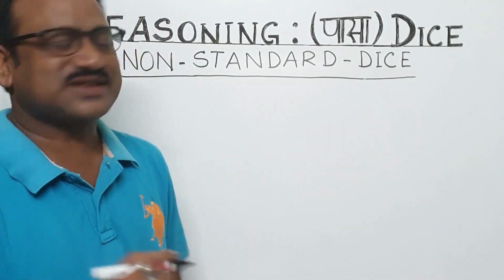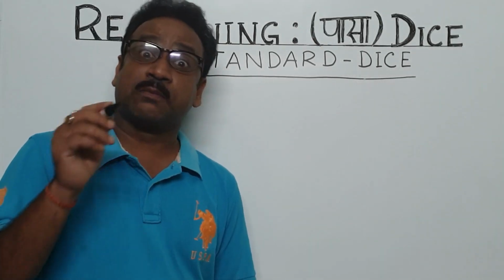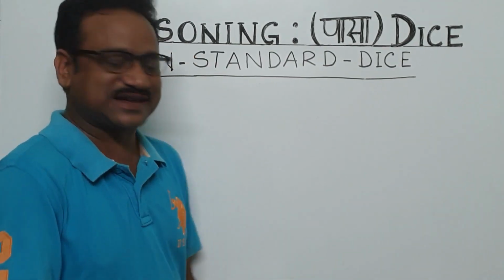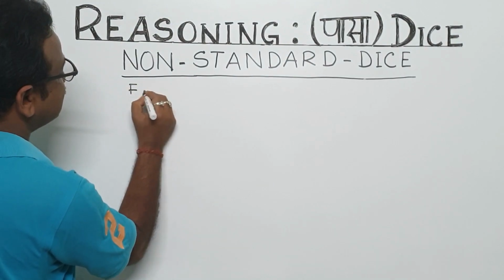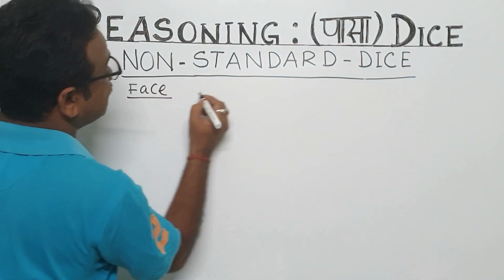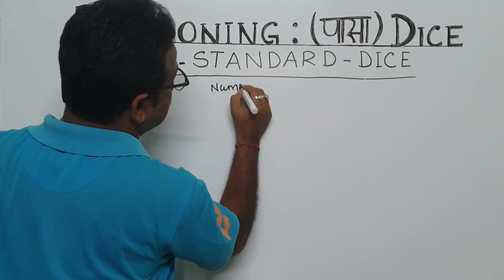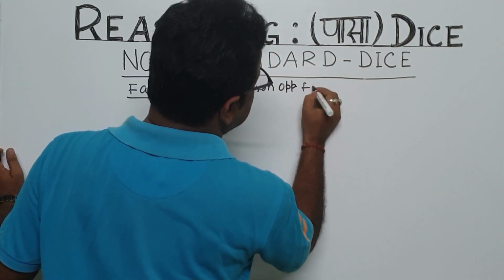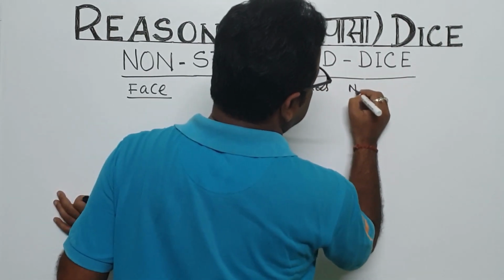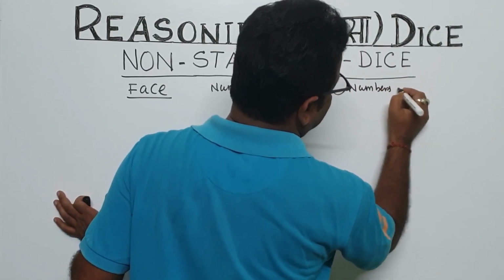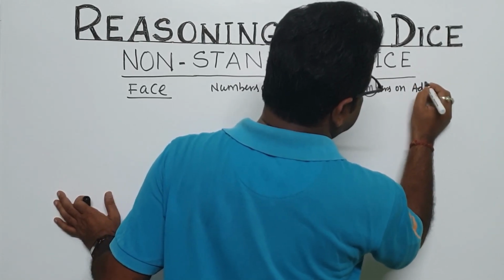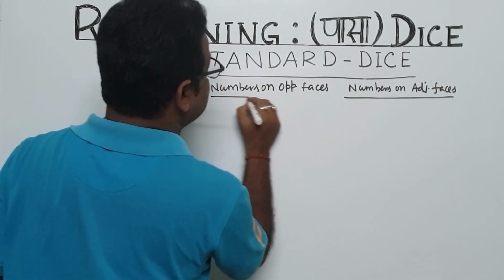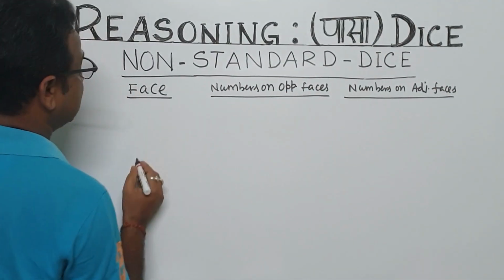Now let us discuss the faces and the numbers on their opposite faces as well as on their adjacent faces. One by one I will tell everything, so watch the video till the end.